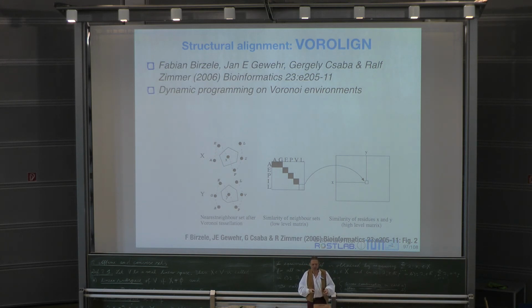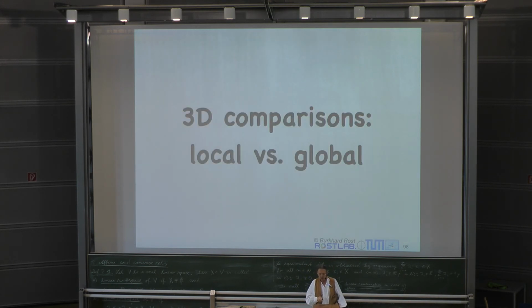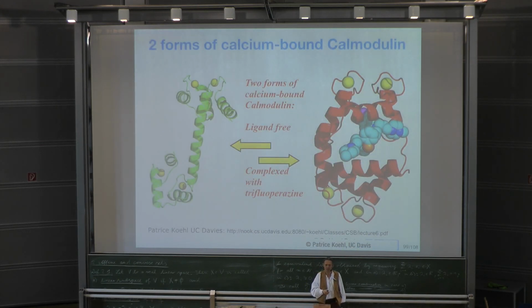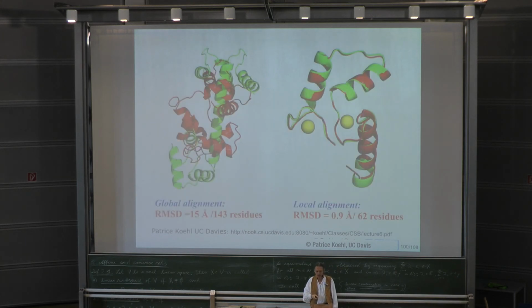And this is what this one does. The major issue is always the one between local and global. Proteins differ in length, and ultimately the question is, what is a better superposition? The one on the left side, where some things get clear, or the one on the right-hand side, where other aspects get clear? There clearly is no clear answer for that.